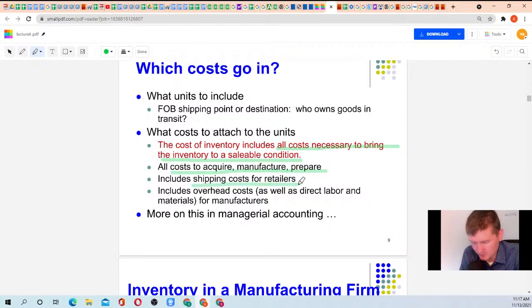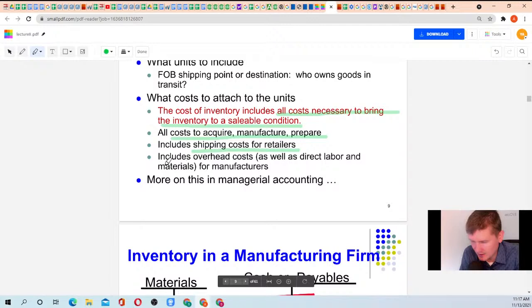Shipping costs for retailers, and I assume that means shipping costs to the place where you sell stuff. Overhead costs and direct labor and materials for manufacturers.